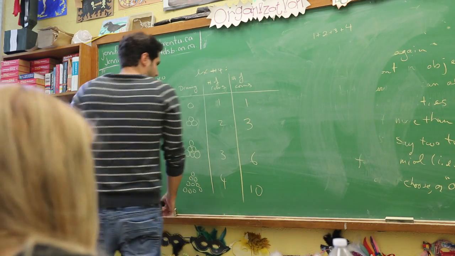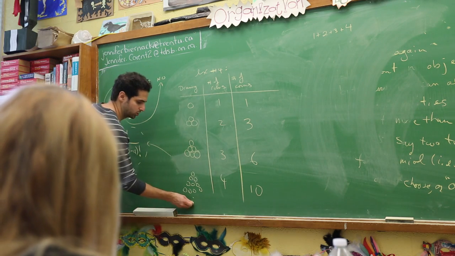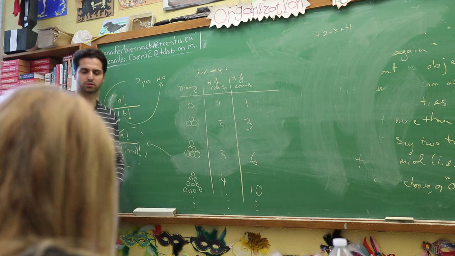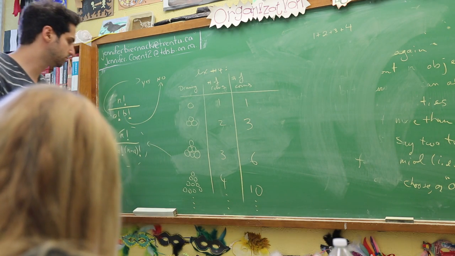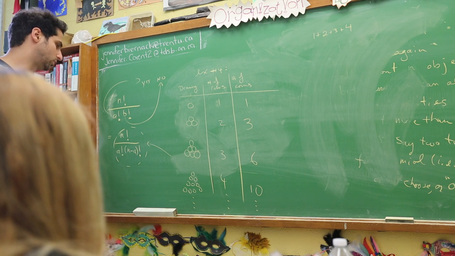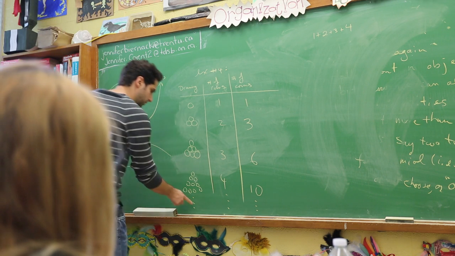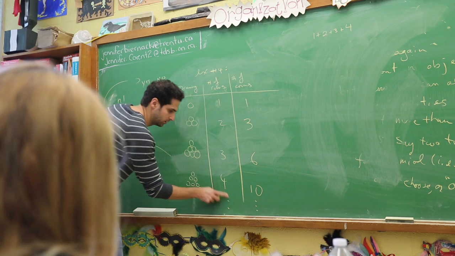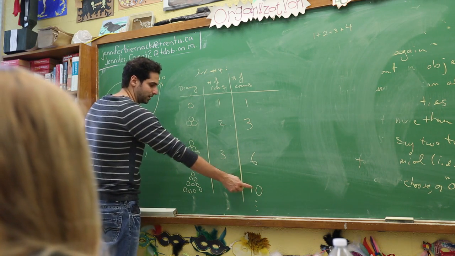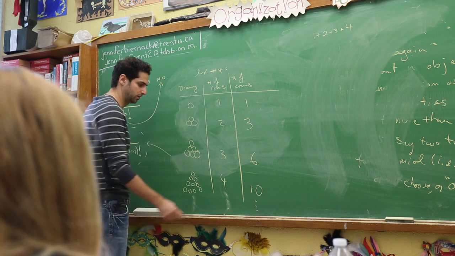Okay, so then what's the next? 15. That's good enough. But continue the pattern to determine the number of coins in triangles with 4, 5, and 6 rows. Oh, they want us to do more. I'm not going to draw the picture here. If we have 10 there, plus 5, instead of adding 4, we add 5.